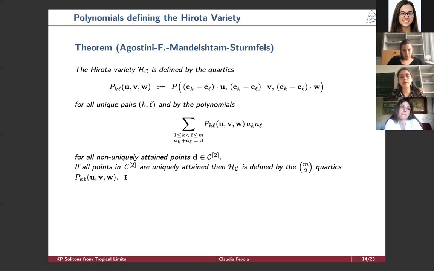And in particular, in the case in which the Delaunay set is a simplex, all points in C2 are uniquely attained, and HC will be defined then just by n choose 2 quartics of this first shape.